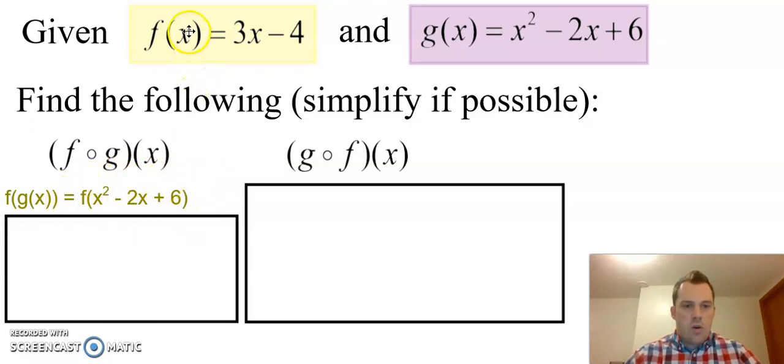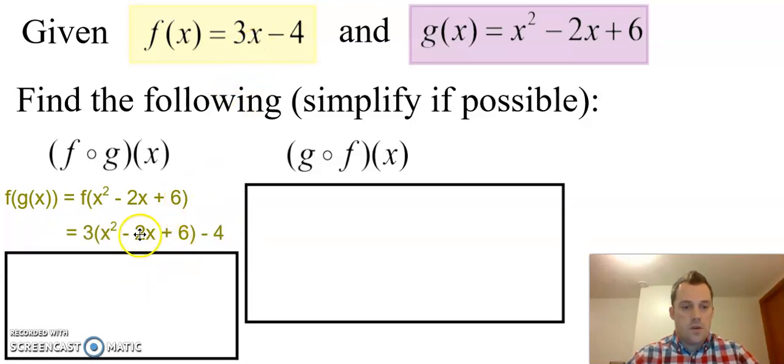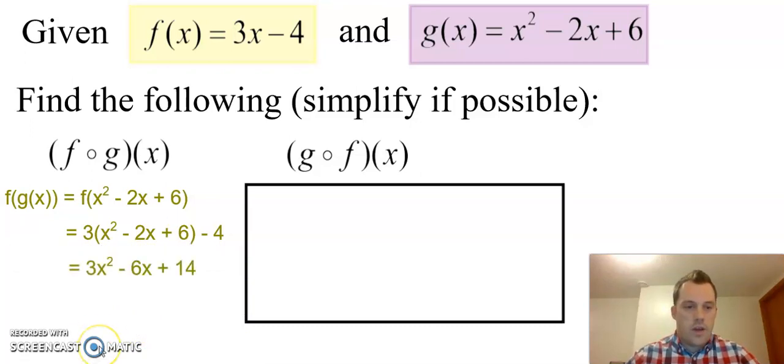So in our f function here, this input gets plugged in for x right here. So we get 3 times x squared minus 2x plus 6, and then minus 4. Then we distribute, combine like terms, and we get 3x squared minus 6x plus 14.